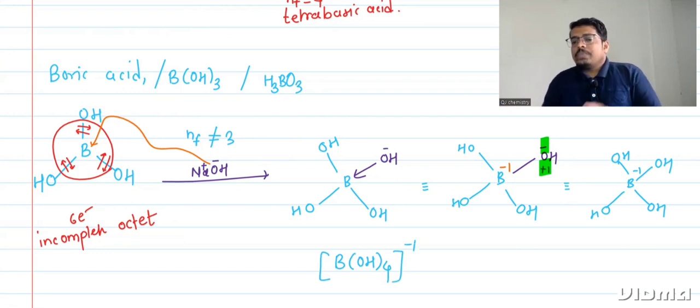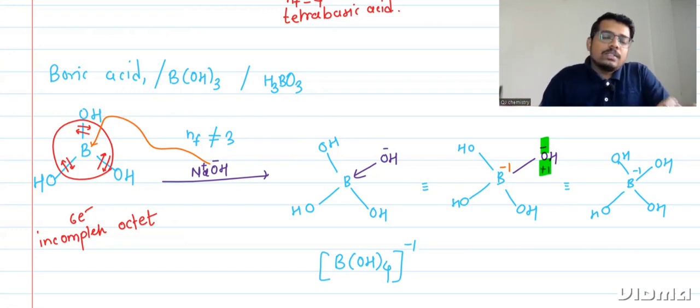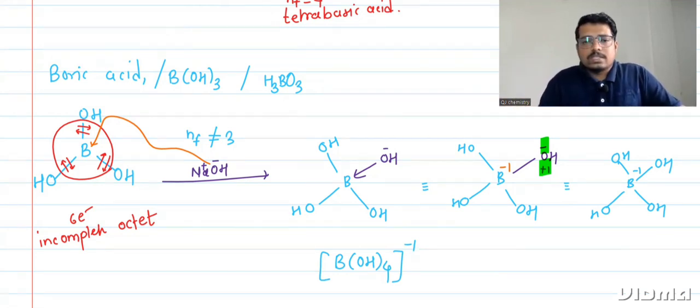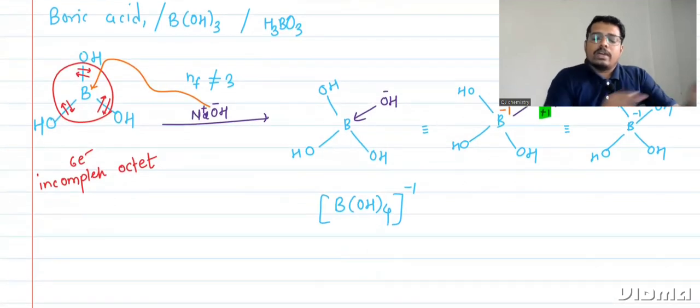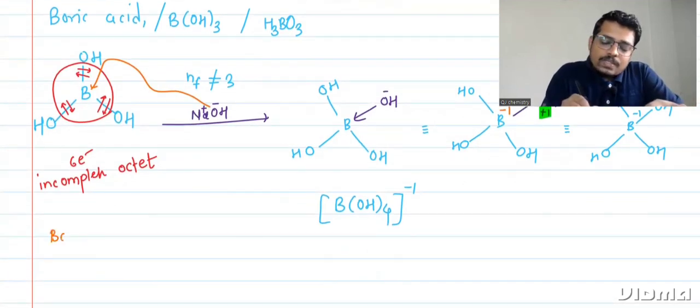Here one boric acid molecule reacts with only one OH minus ion. So there is another definition of the N factor of an acid. The N factor of an acid is known as basicity.